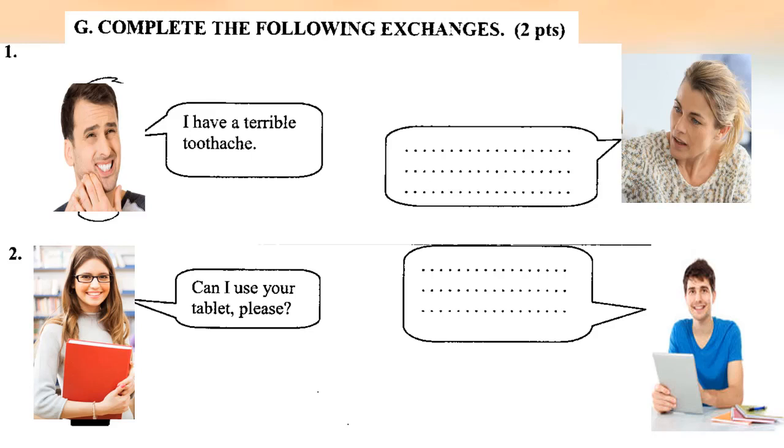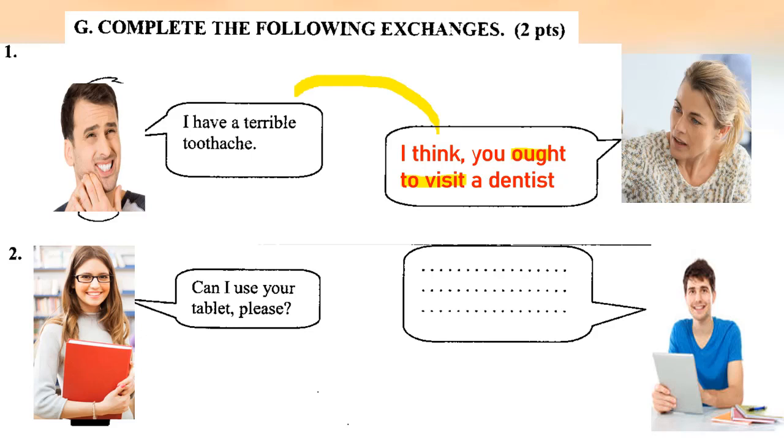The first character says, I have a terrible toothache. One of the answers, I think you ought to visit a dentist. Here, if students manage to use ought to, it is a good expression to give someone advice. And this one is relevant to the context. It should be a kind of logical relationship.